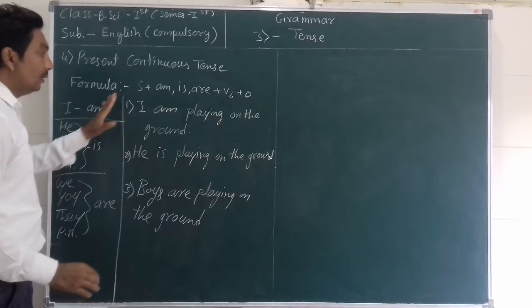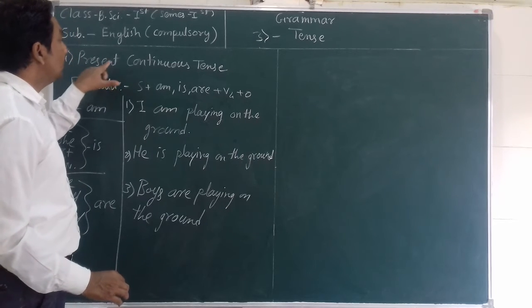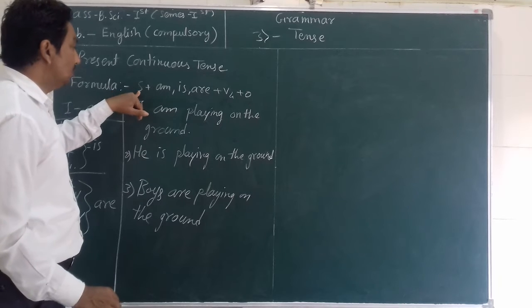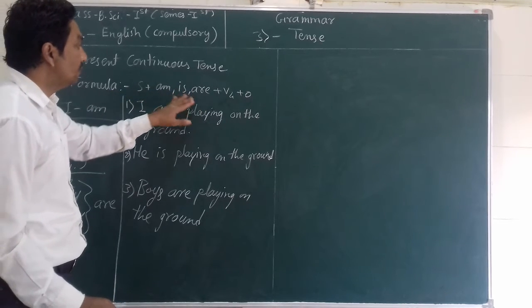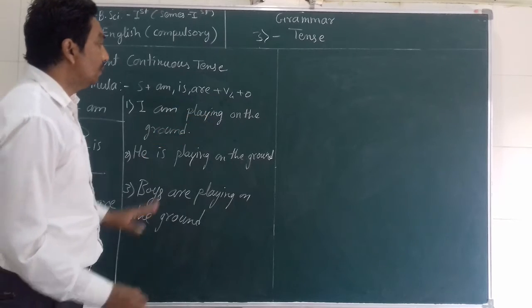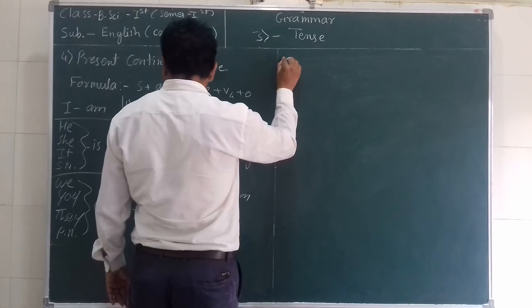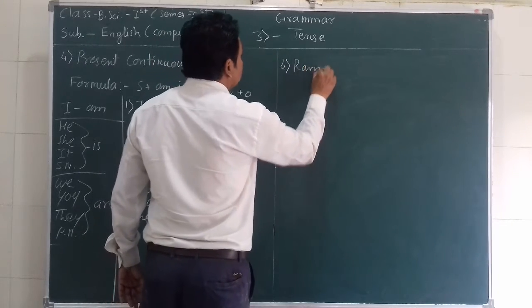So in this way, we have to make sentences. We can make sentences in present continuous tense by using this formula. First take the subject, after that according to the subject use am, is, are in front of it, after that V4, and then the object. Again we will take another sentence. Suppose the singular noun Ram.